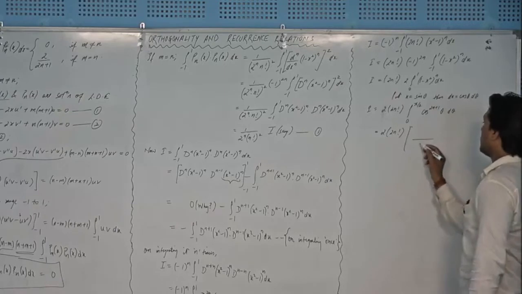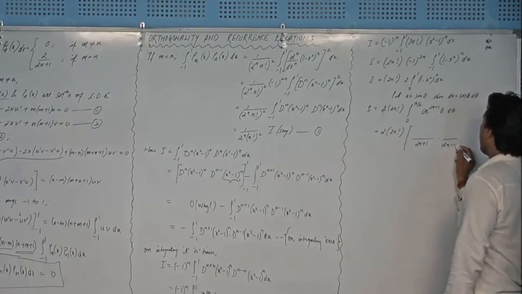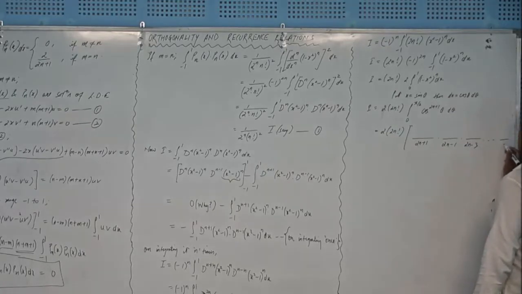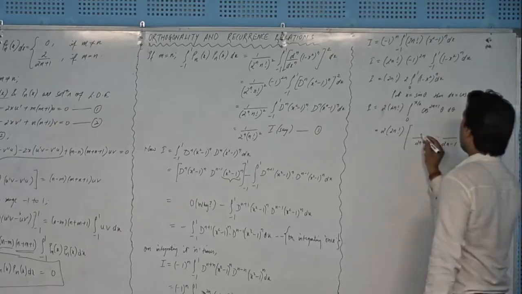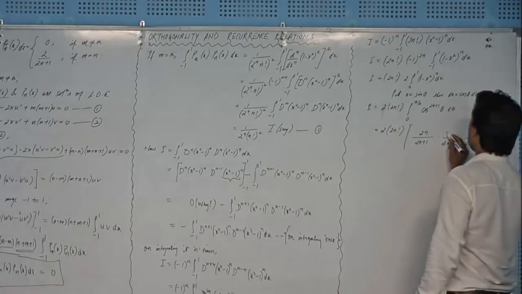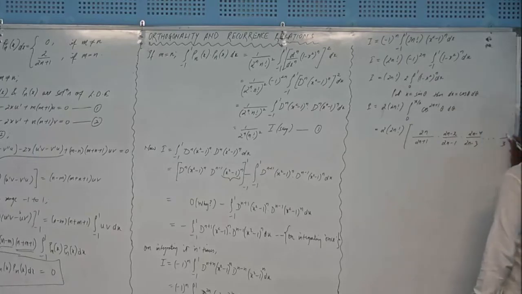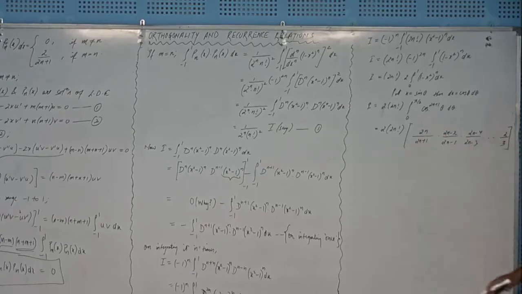This is an odd power, 2n plus 1, so in the denominator we have 2n plus 1, then 2n minus 1, then 2n minus 3, and so on down to 3. And in the numerator, 1 less than this, that will be 2n, then 2n minus 2, and 2n minus 4, down to 2. So this is the result of this integral. This is called Wallis's formula.